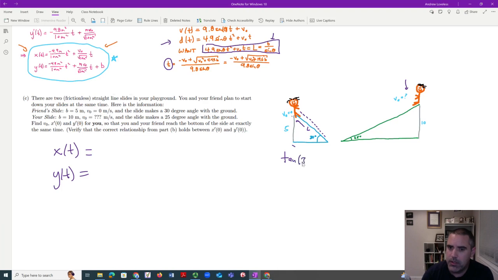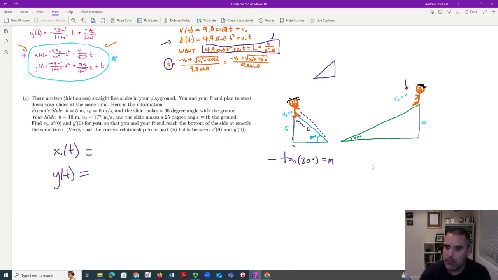Tangent of 30 degrees is going to tell you what this side divided by this side is, which is the slope, except that it's going to give you a positive number. So there's always this issue about whether you make it positive or negative based off of the situation, because it would be the same ratio if the triangle had been drawn this way, but it would be a positive slope.